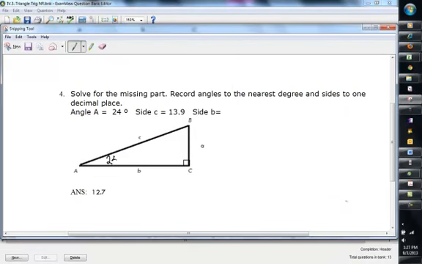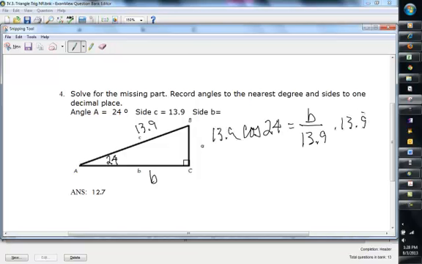This is 24 degrees. This is 13.9, and this is what we're looking for. So the cosine of 24 is the adjacent side over the hypotenuse, 13.9. Multiply both sides by 13.9.